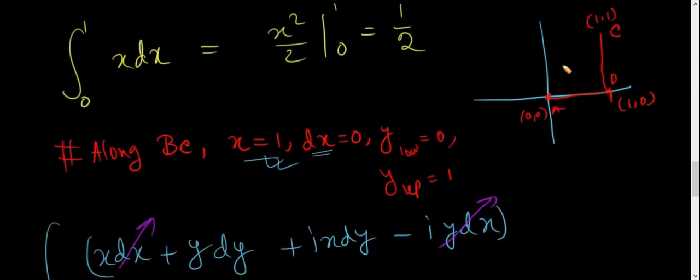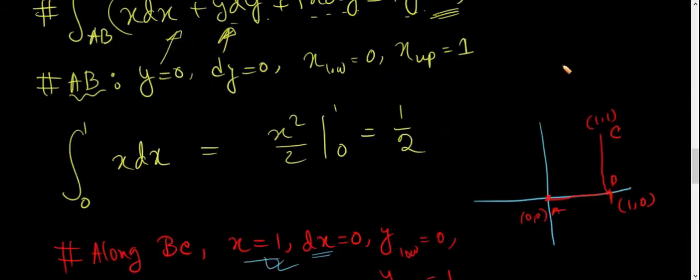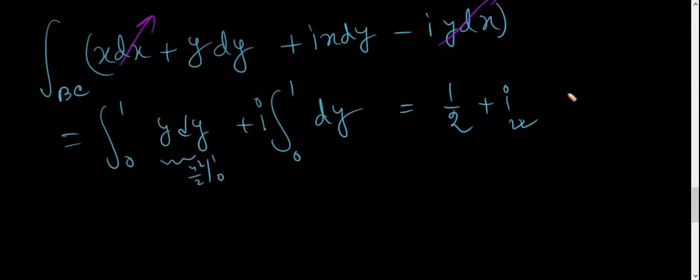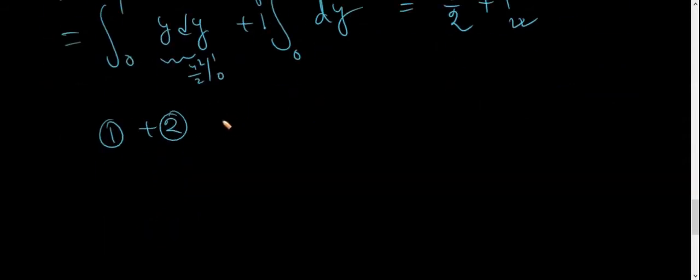Okay. Now what we need to do? We need to just, let's say this is 1, that is the integral along path AB, and this is in equation 2, and we just need to do 1 plus 2. So 1 plus 2 should give us this thing, right?